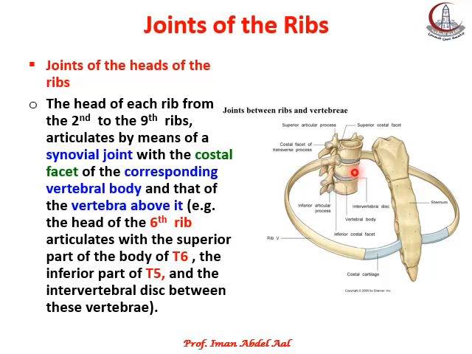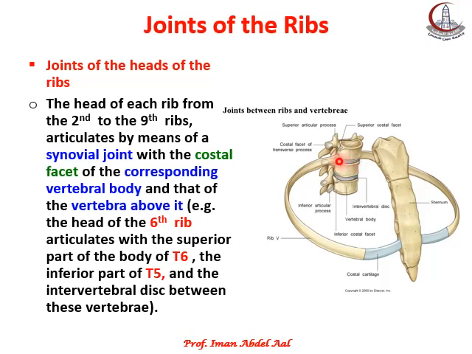If this is vertebra number 6, this is vertebra number 5, this would be rib number 6. Rib number 6 will articulate with its corresponding number of vertebra, number 6, by the facet on the upper part of the body. And it will also articulate with the vertebra above it, which is vertebra number 5, by a facet on the lower part of vertebra number 5.